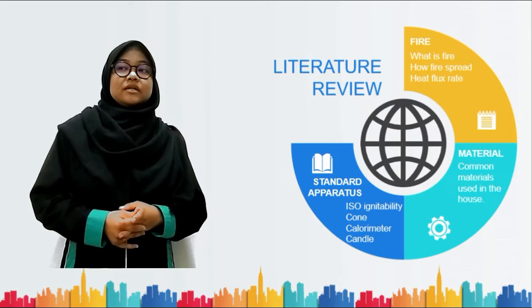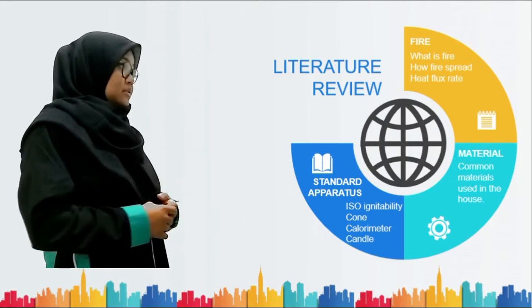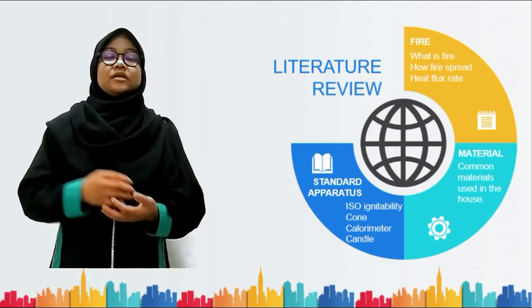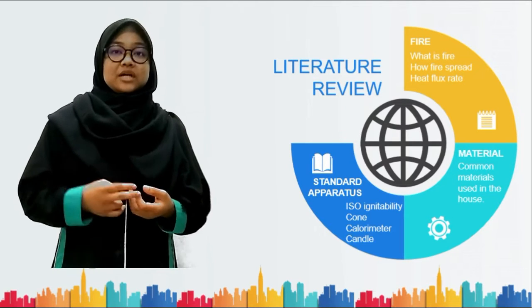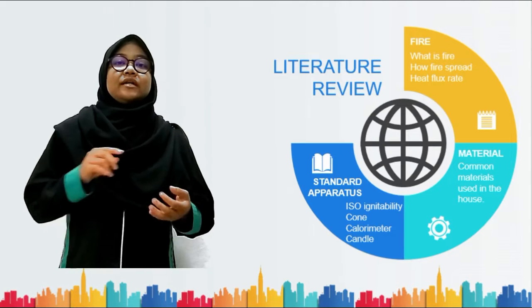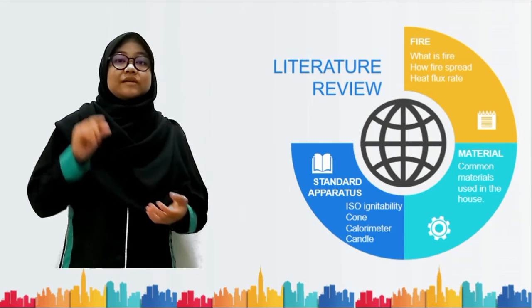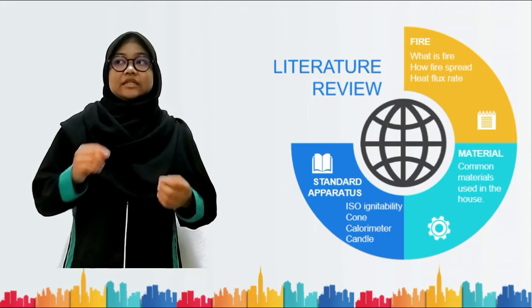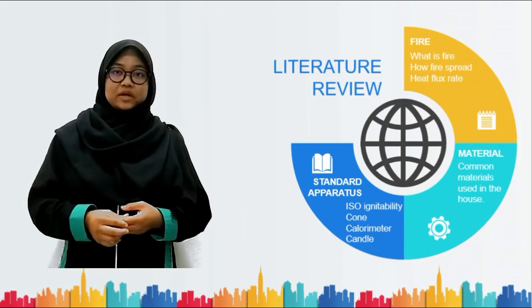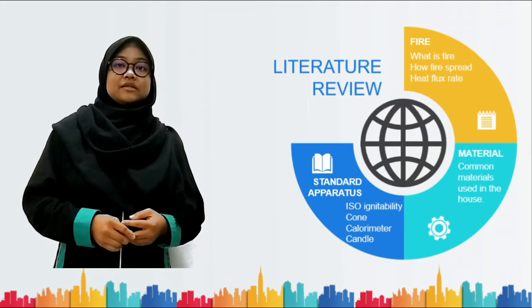So basically, there is some standard apparatus to measure the heat flux. I study two apparatus, which are the ISO ignitability apparatus, which tests the radiant ignitability. It can provide up to 50 kW per meter squared and is highly consistent.